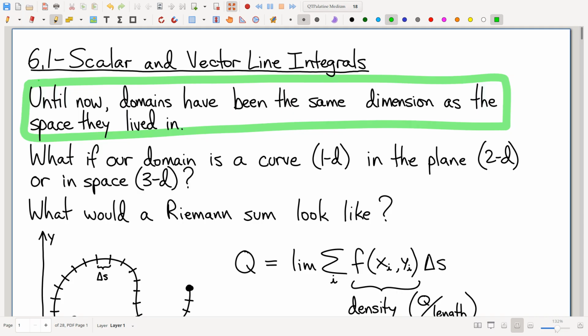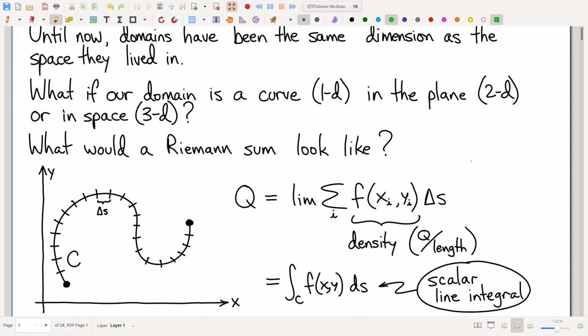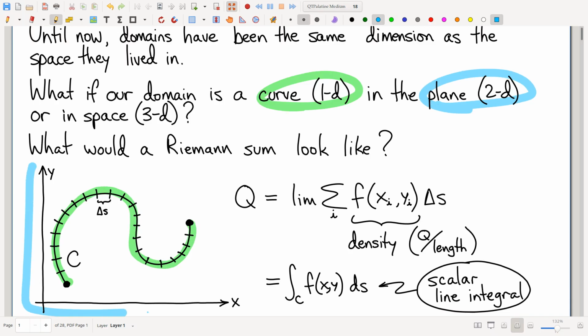And the problem is that is not representative of reality in a lot of cases. So, for example, if you have a curve like so, in the XY plane, this curve is an intrinsically one-dimensional thing. It has a length. The word area doesn't make any sense for this curve. I mean, it's zero, right?